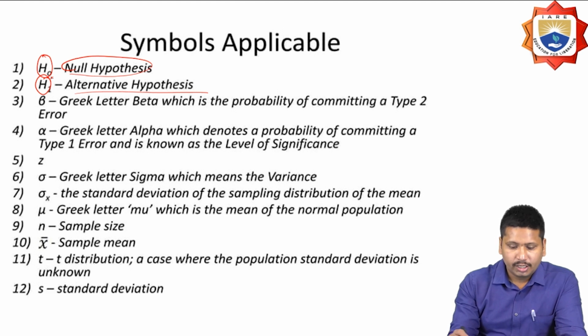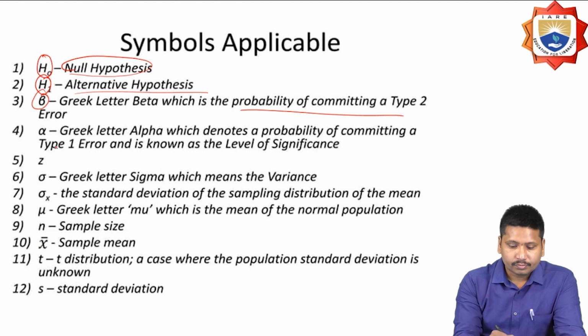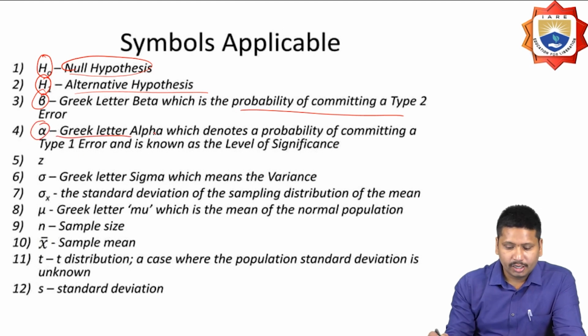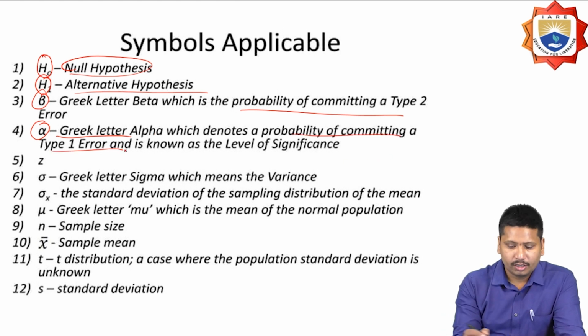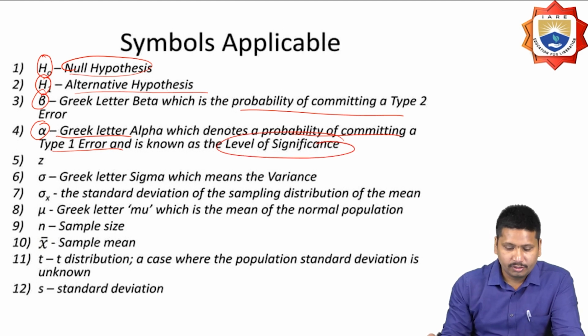The Greek letter beta is the probability of committing a type 2 error, and the Greek letter alpha denotes the probability of committing a type 1 error, which is also known as the level of significance.